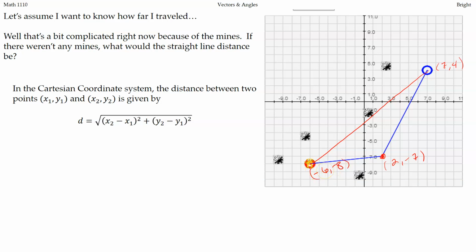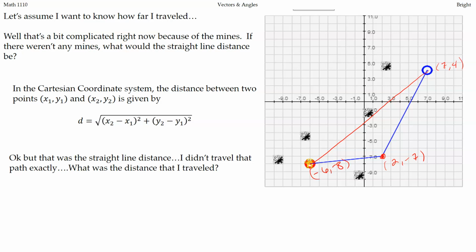So then what I could do is find the distance, and let's call this D1, for this first segment, extending from there to there, and then I can find D2, which extends from there to there, and add those up. Okay, great. Old news, right?